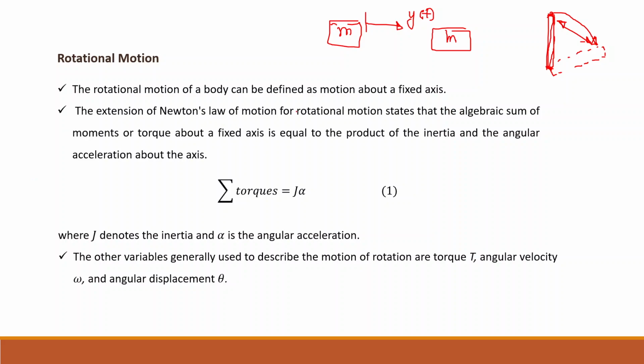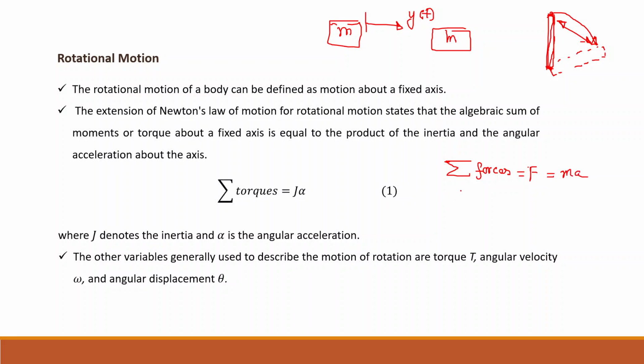The extension of Newton's law of motion can be done in case of rotational motions. In the case of a translational system, we said that the summation of forces F is equal to m into a.